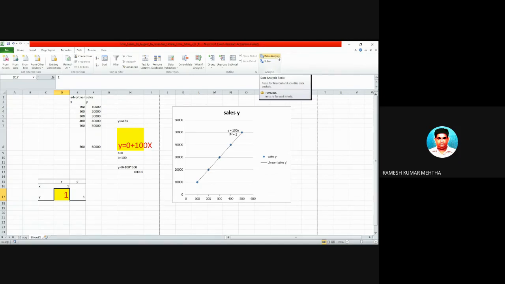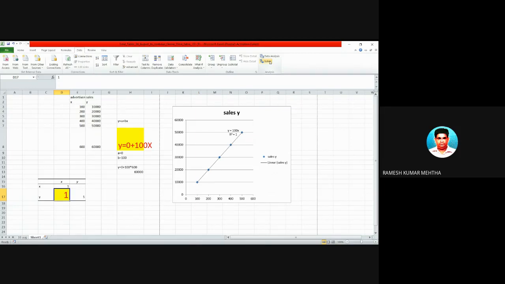There are two: the data analysis tool and Solver, which I am also going to use in the future, because 99% of faculties don't know what Solver is and how to use data analysis. Even the students don't, but it is very important when we do logistic regression, multiple regression, complicated regression, or simple linear regression.